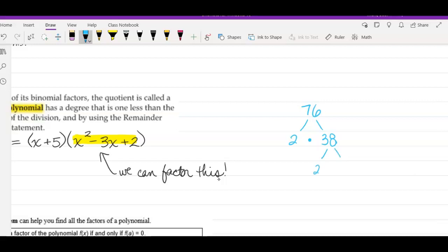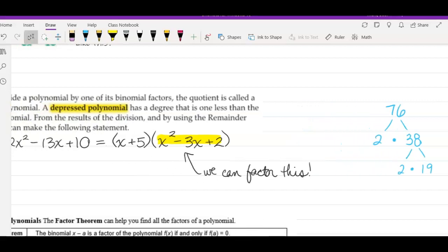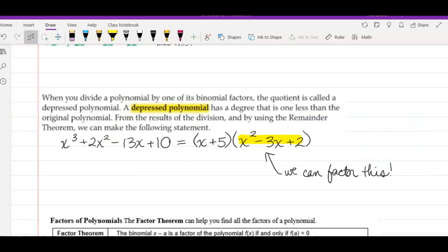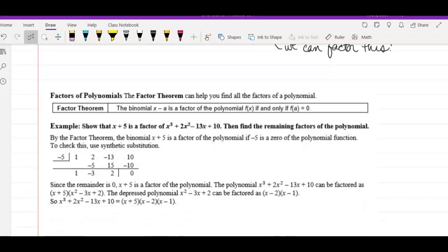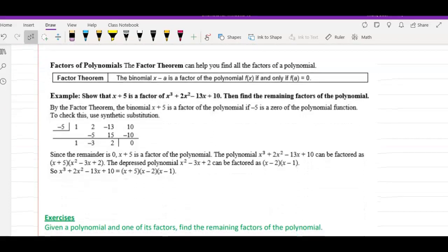Well, I know it's even, so I would say 2 times 19. And now I've broken it down as far as I can. That's our goal. Our goal is to try to find one binomial that we can divide into this polynomial, which takes us to our factor theorem.